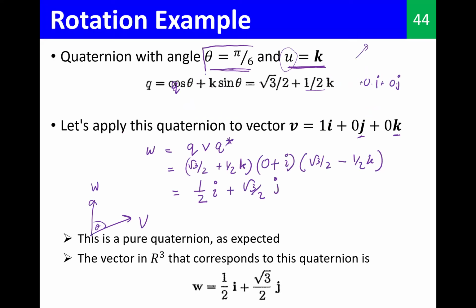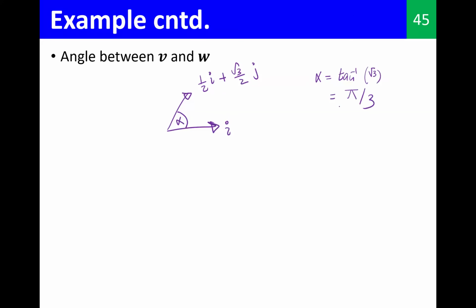I told my quaternion had theta equals pi over 6. But when I applied this quaternion to my vector, it had actually rotated twice that amount.